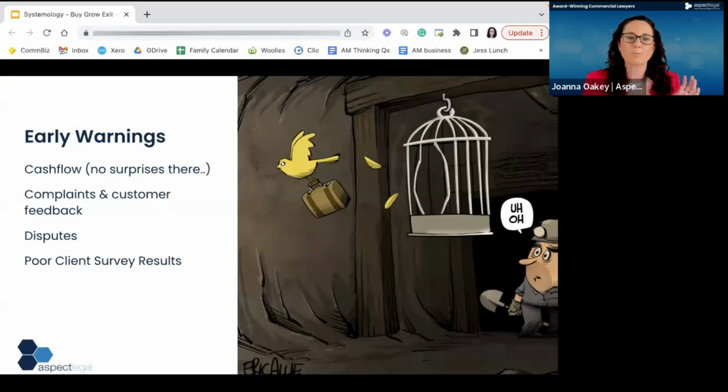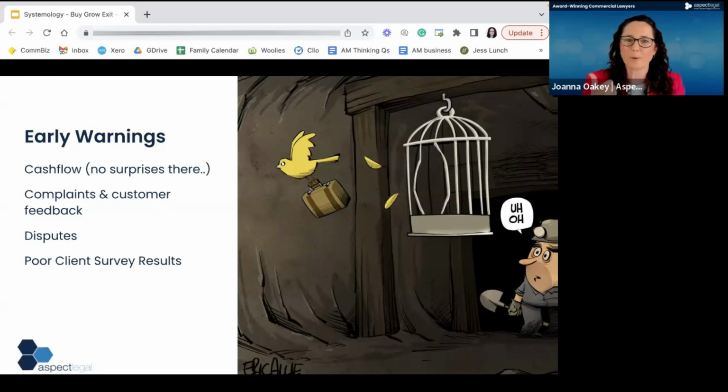But the real problem was he didn't have the systems and processes in place, and he didn't have visibility of early warning of the problems that were emerging. And so I'm a huge advocate of us helping SMEs put in place these early warning systems.